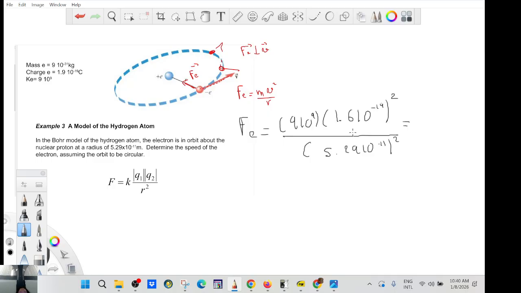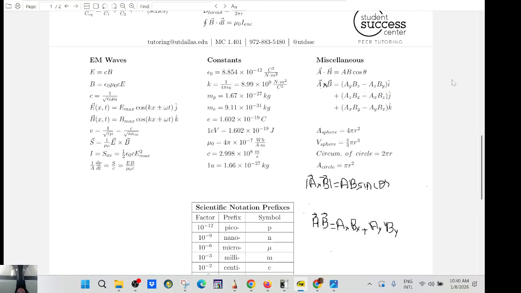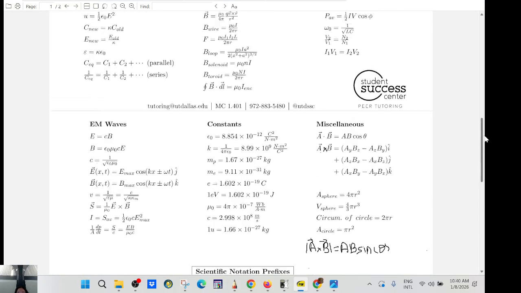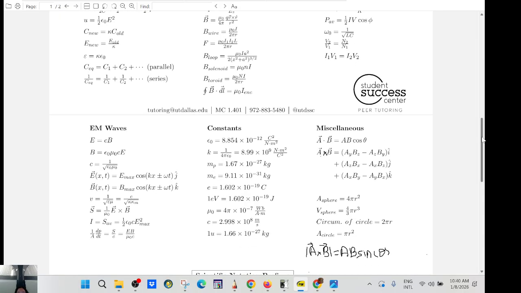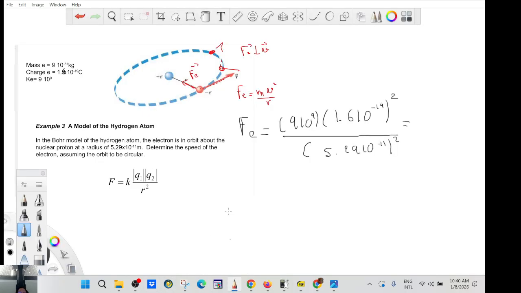1.9. I don't know why it says 1.9. It should be 1.6, no? It's 1.6. I don't know why it says 1.9. It's a typo. 1.6.